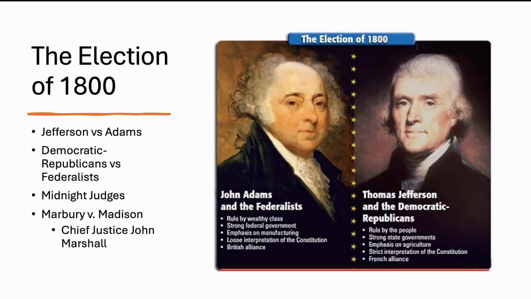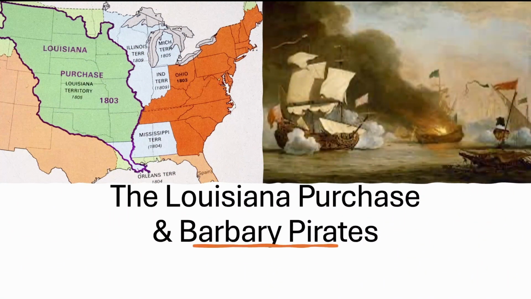We establish here judicial review, which is extremely important to the fundamental aspect of our constitutional democracy, where the Supreme Court is able to judge laws based on the Constitution. So the court now has the final say on what determines constitutionality, not the states. Moving on, we have the Louisiana Purchase and the Barbary Pirates.